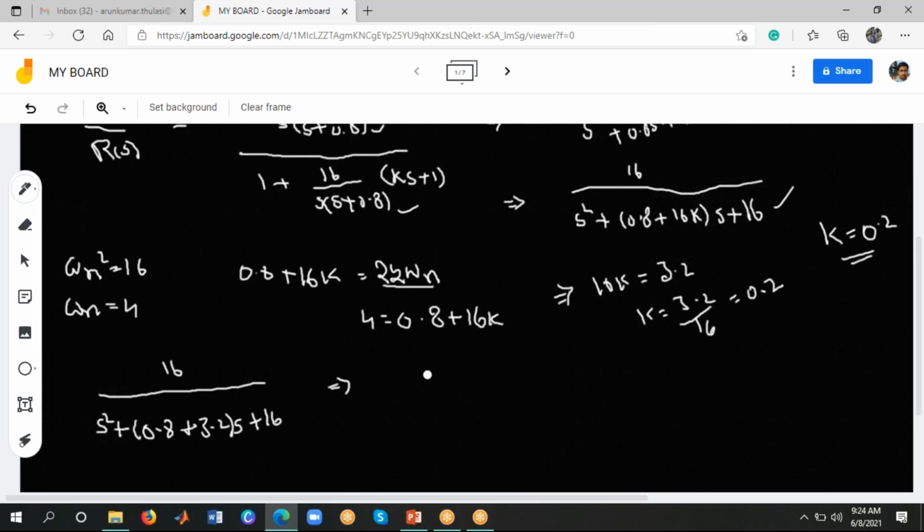Here, 16 divided by s square plus 4s plus 16. Now for this equation we can find the response. So this equation is C of s divided by R of s.